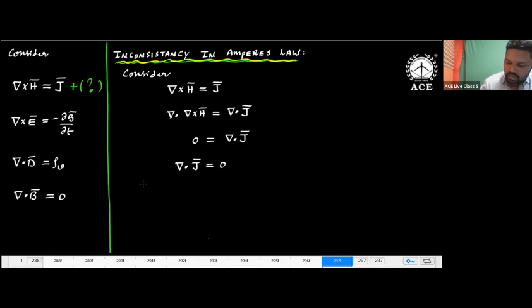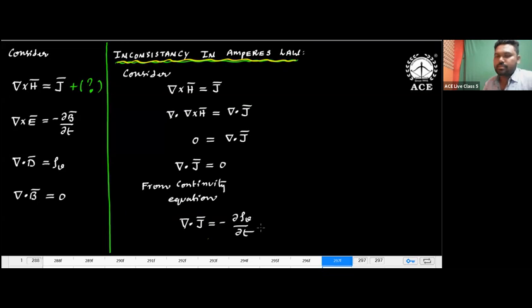But from the continuity equation, divergence of J is equal to minus dou rho v by dou t.